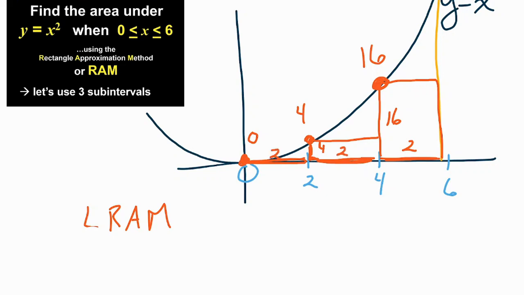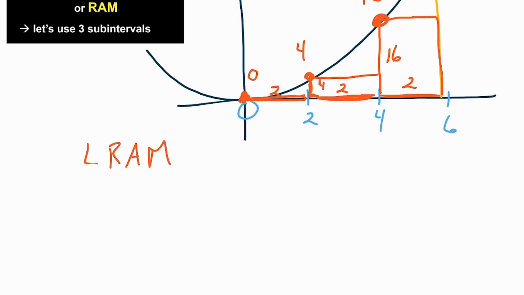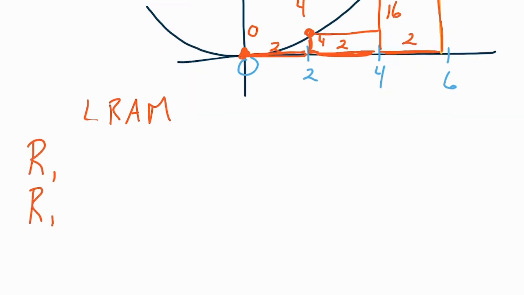And now I'm going to be able to organize my three different rectangle areas of my LRAM. This R1, R2, R3 stands for rectangle 1, 2, 3, or region 1, 2, 3. And I'm simply going to multiply the length times the width and generate my area.